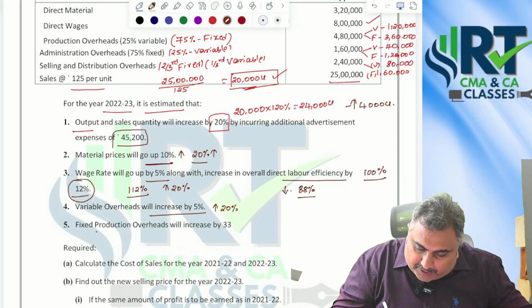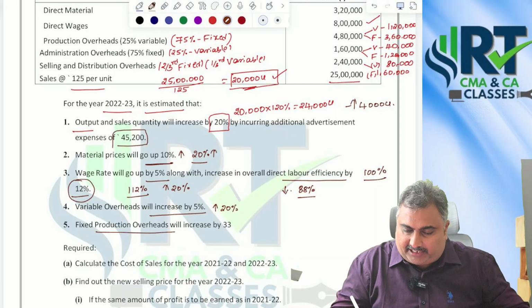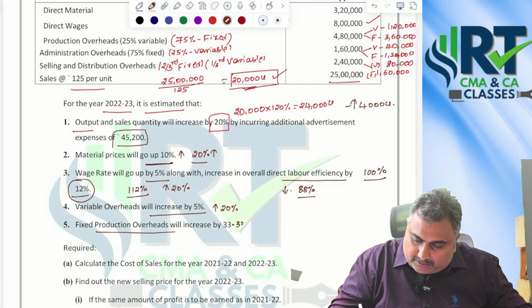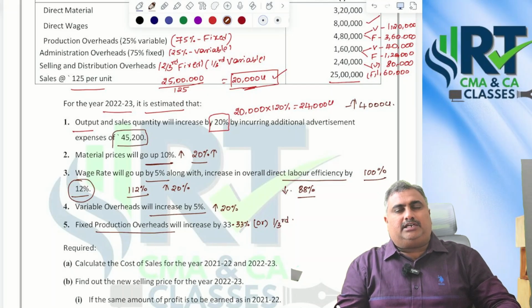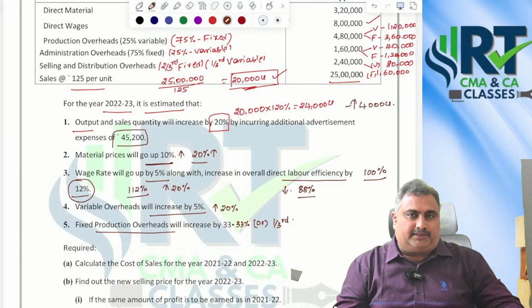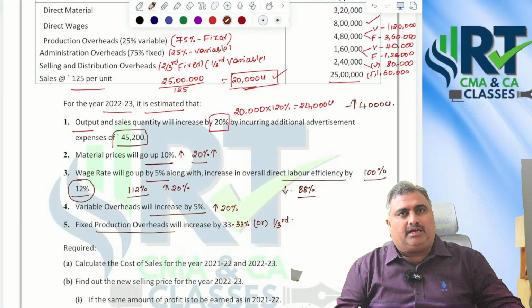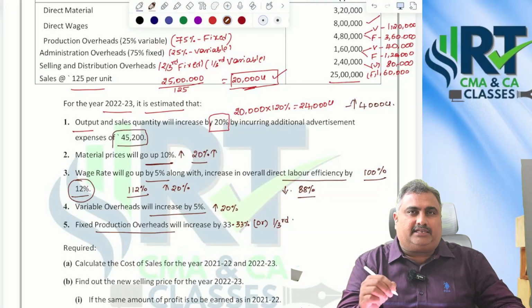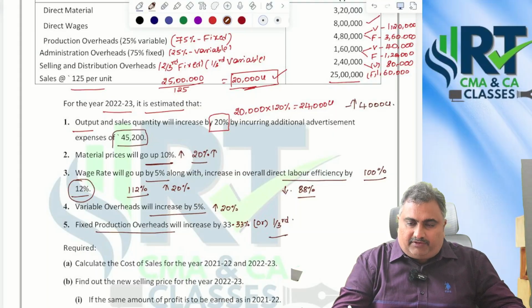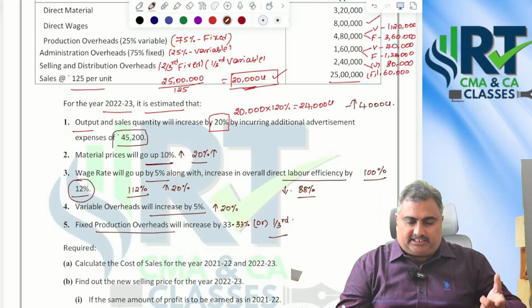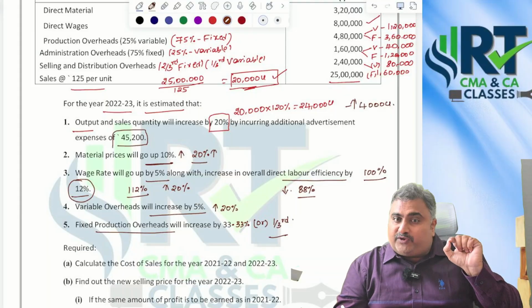Finally, only fixed production overheads they are indicating. How much are they increasing? 33.33%, or for simple calculation make it as 1/3. Sir, if you take 33.33%, then you will get points to get the right answer or accurate answer. Instead of taking 33.33%, I will take 1/3, the increase applying only to fixed production overheads.